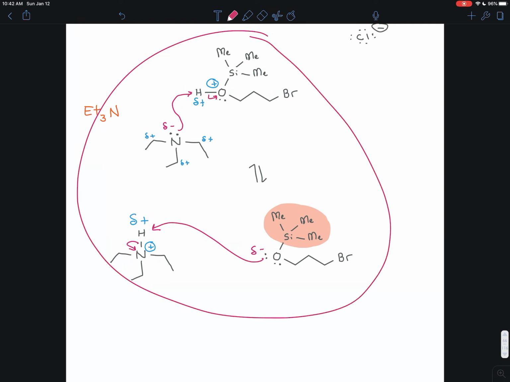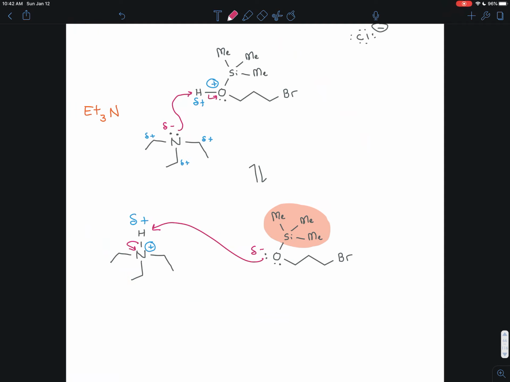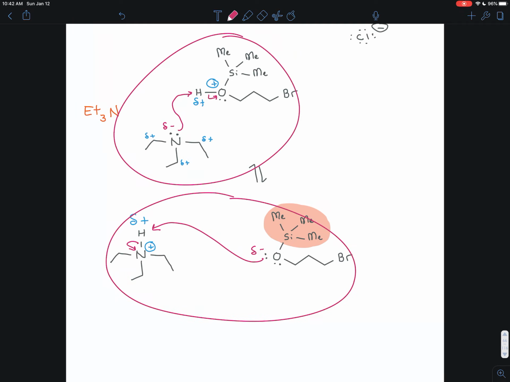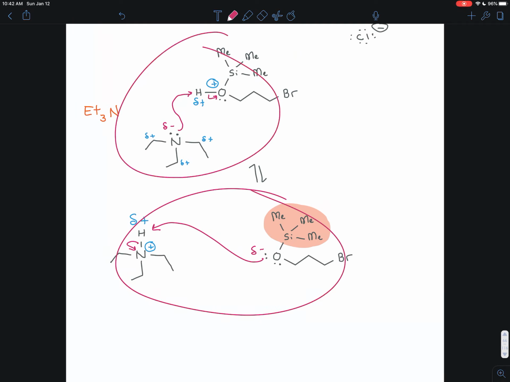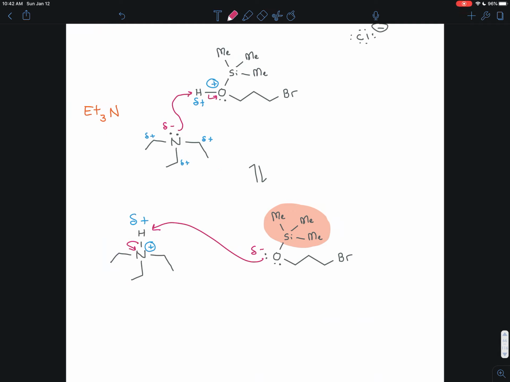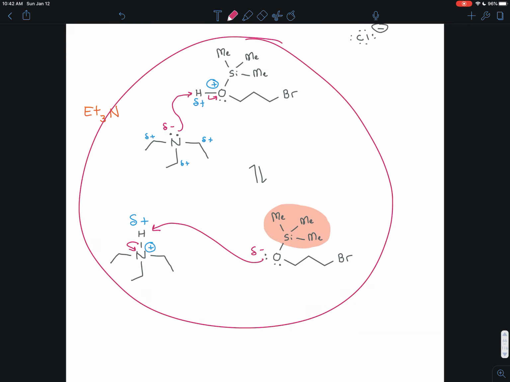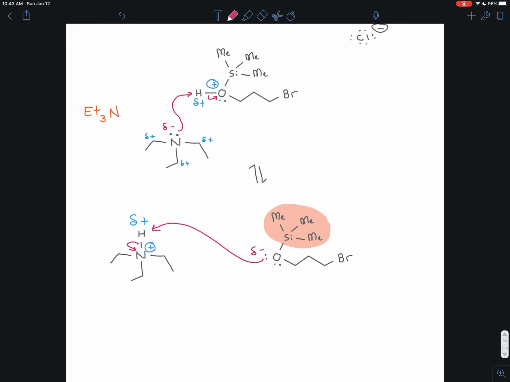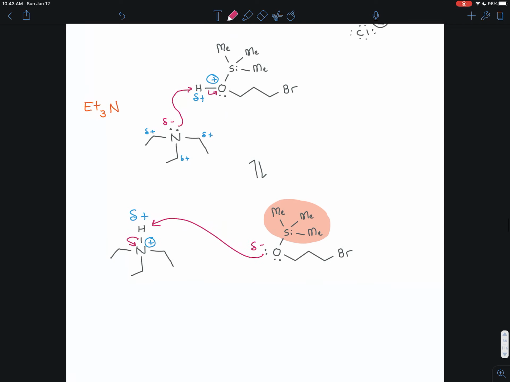So these 2 exist at the same time. This is constantly turning into this, and this is constantly turning back into that. These 2 molecules are sort of like 2 kids fighting over this hydrogen toy, and now one has it and now the other has it. At any given time in a population of these, when you have hundreds of millions of these molecules, some of the ammoniums will have the hydrogen and some of the oxygens will have the hydrogen.